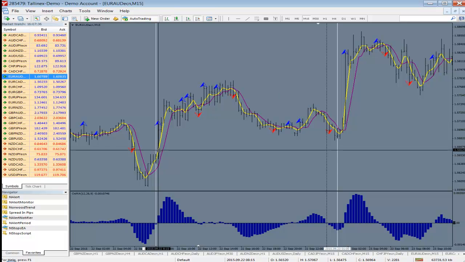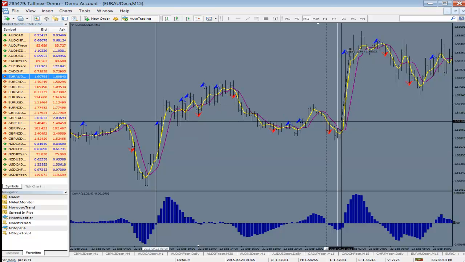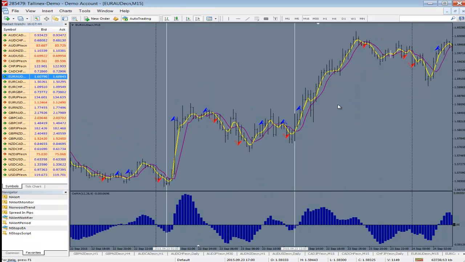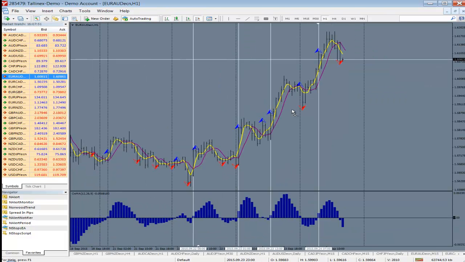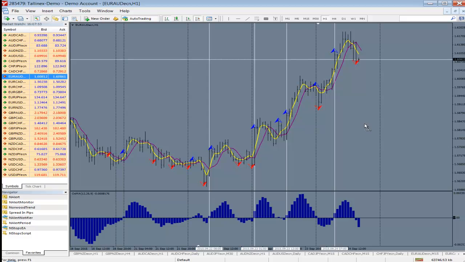If you had even taken this, you may not. I probably wouldn't have taken this one. That was 70 pips, and this was 100 pips, and this was 150 pips. So you can see there are some really good moves just based on watching the 1 hour chart.